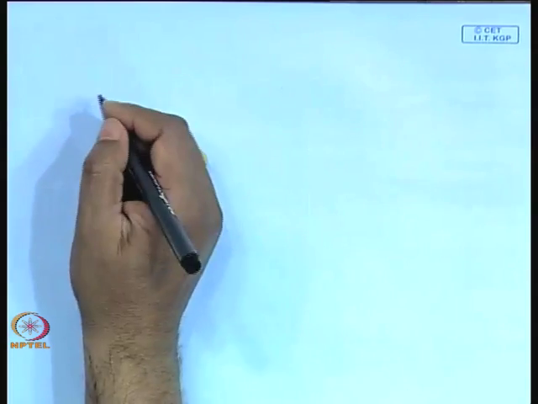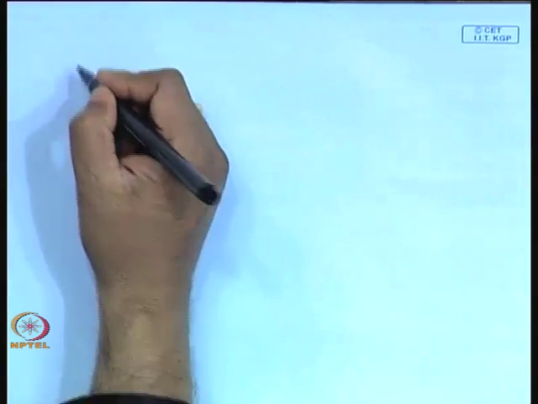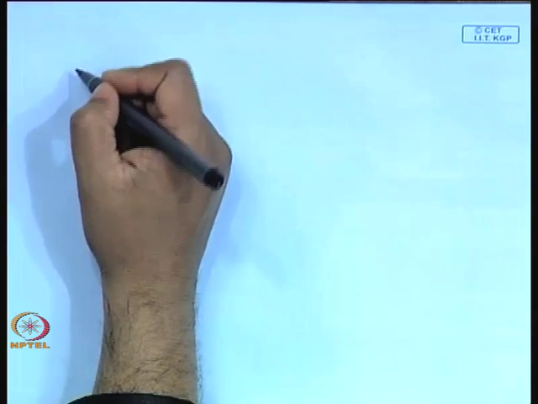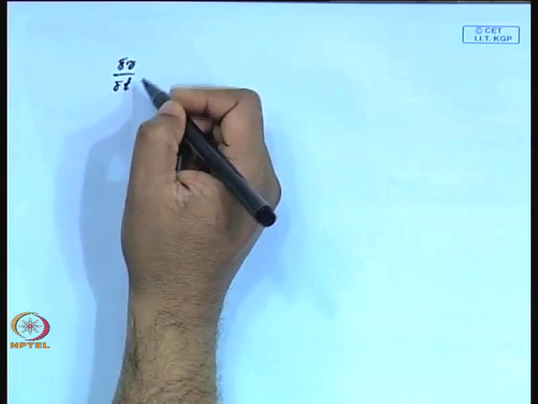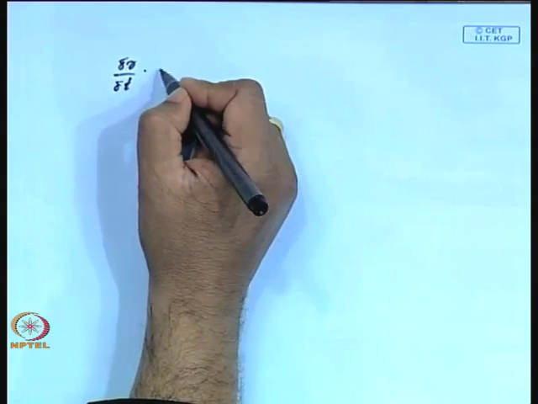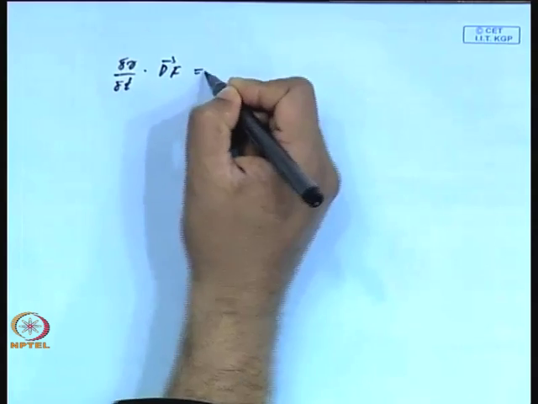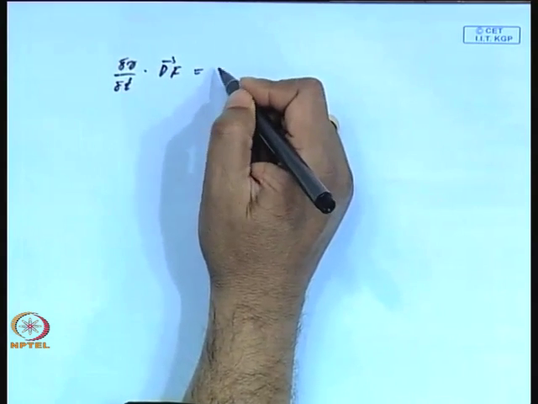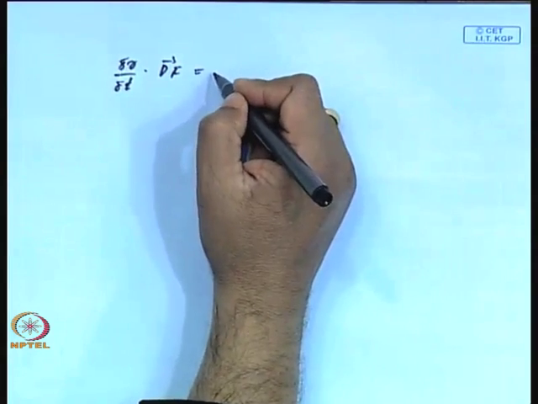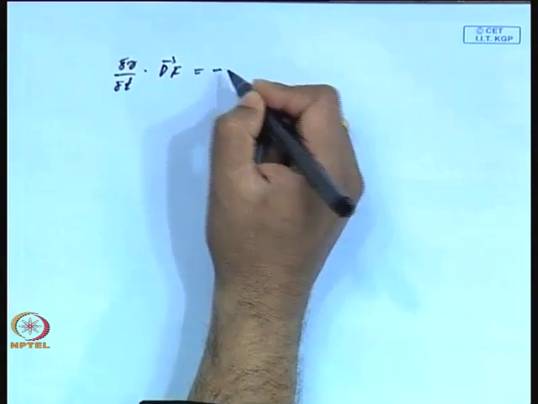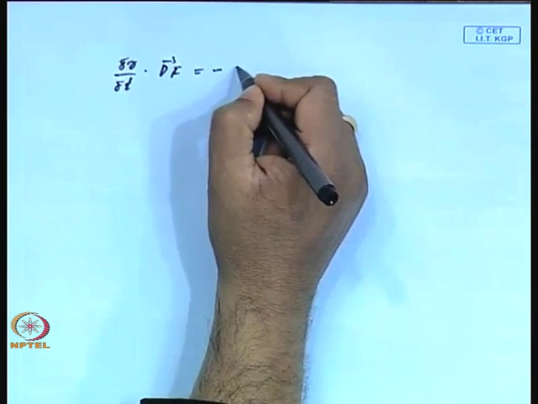Now, if we take the limit, del t tends to 0, we have del r by del t dot grad f is equal to minus del f by del t.